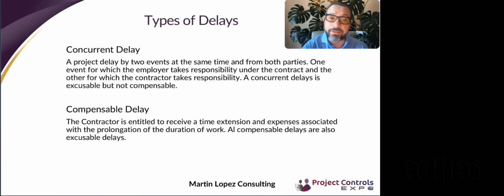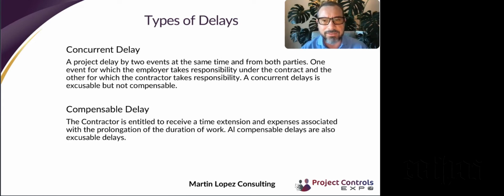Now we also have a concurrent delay and a compensable delay. Concurrent delay is when two events are delaying the project at the same time, but more so when both parties are responsible at the same time for delays during the same period.